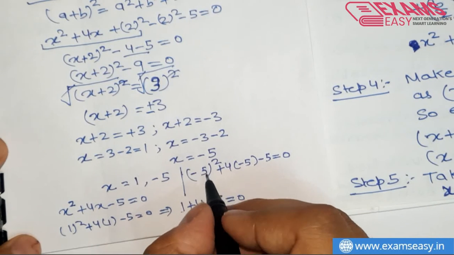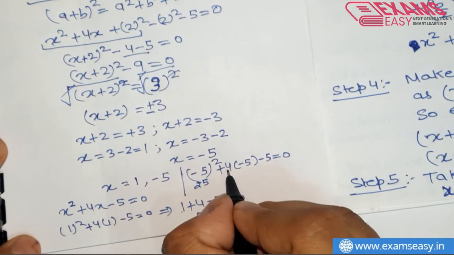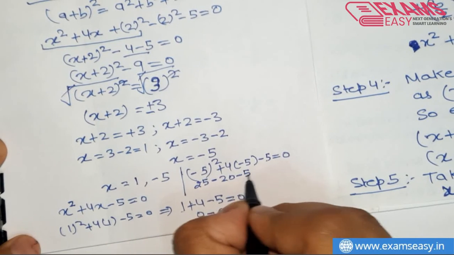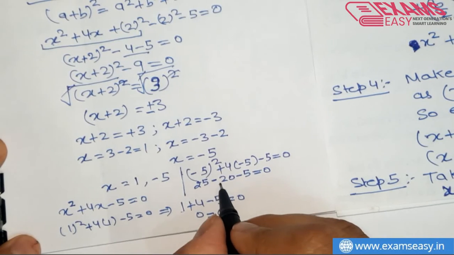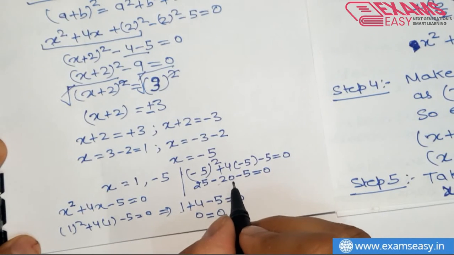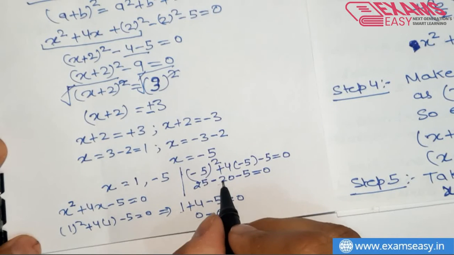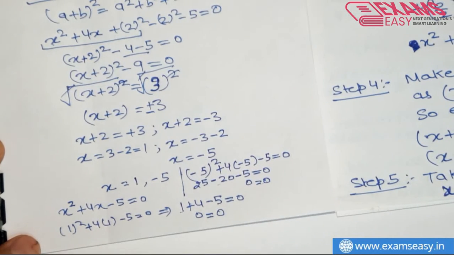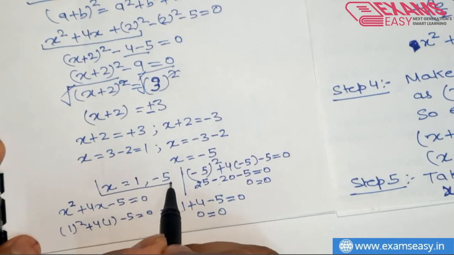Minus 5 into minus 5 is nothing but 25, and 4 into minus 5 is nothing but minus 20. Minus 20 and minus 5 will become minus 25, and 25 minus 25 will become 0. So 0 is equal to 0. So both the roots are satisfying the given quadratic equation, hence the roots of the quadratic equation are 1 and minus 5.